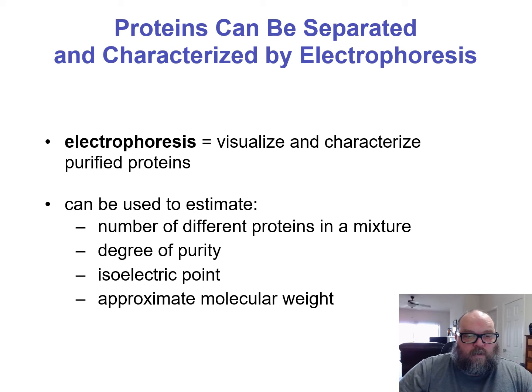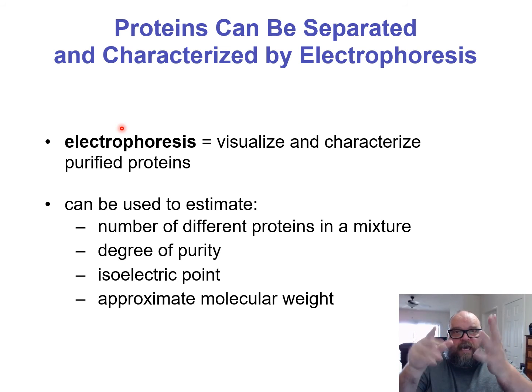We can also utilize what's referred to as electrophoresis. Electrophoresis, you're using an electrical field to separate proteins based on their overall charge. Then we can take it a step further, because instead of having these proteins free floating and just going towards the cationic or the anionic pole, we put them in an agarose gel.